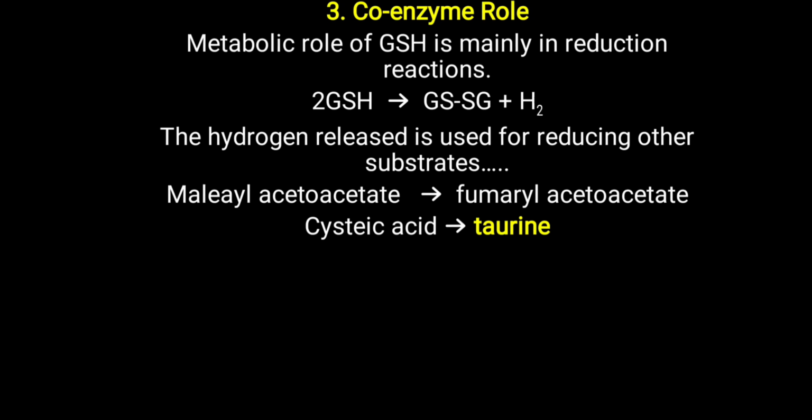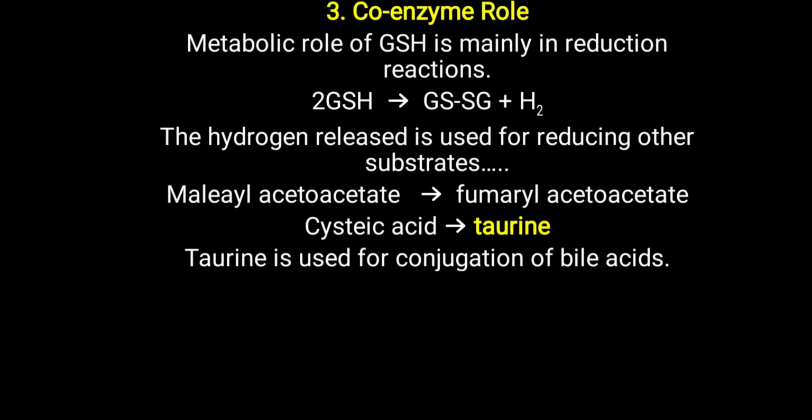Another most important molecule which is produced is taurine. Now this taurine is basically produced from cysteine. So cysteine to cysteic acid and cysteic acid to taurine formation, and during that time this glutathione is needed. So for cysteic acid to taurine formation, this glutathione plays a crucial role. Taurine is one of the important molecules which can be utilized for the conjugation of particularly bile acid.